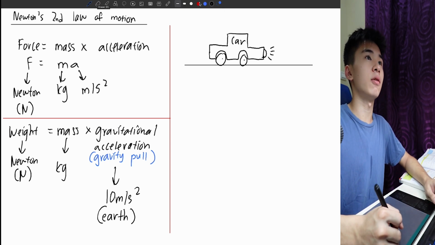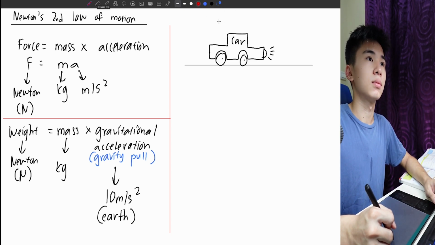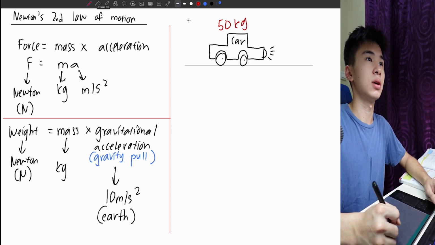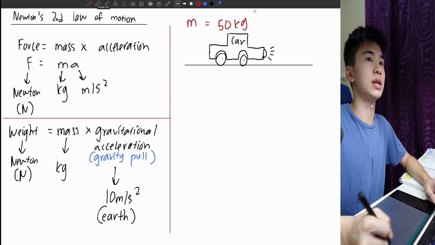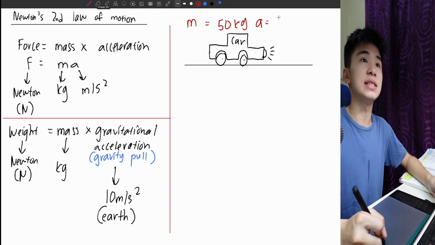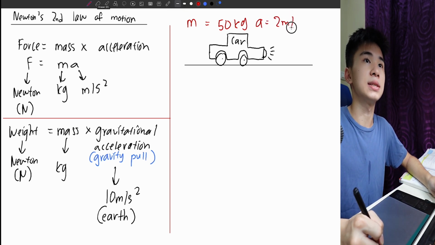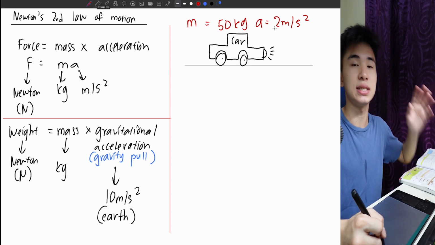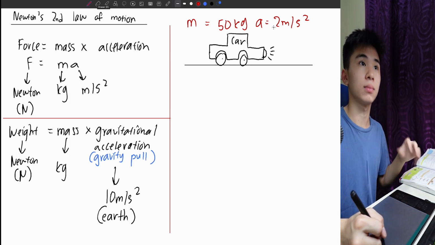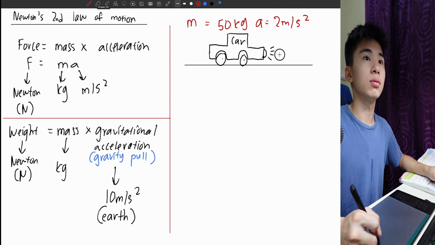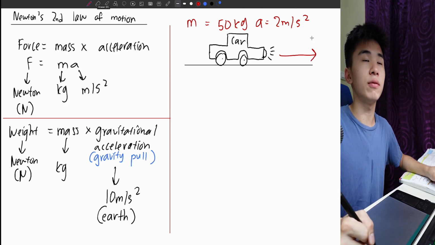Let's say the mass of this car is 50 kg, so m equals 50 kg. And this car is traveling with an acceleration of 2 m/s², towards our east direction.